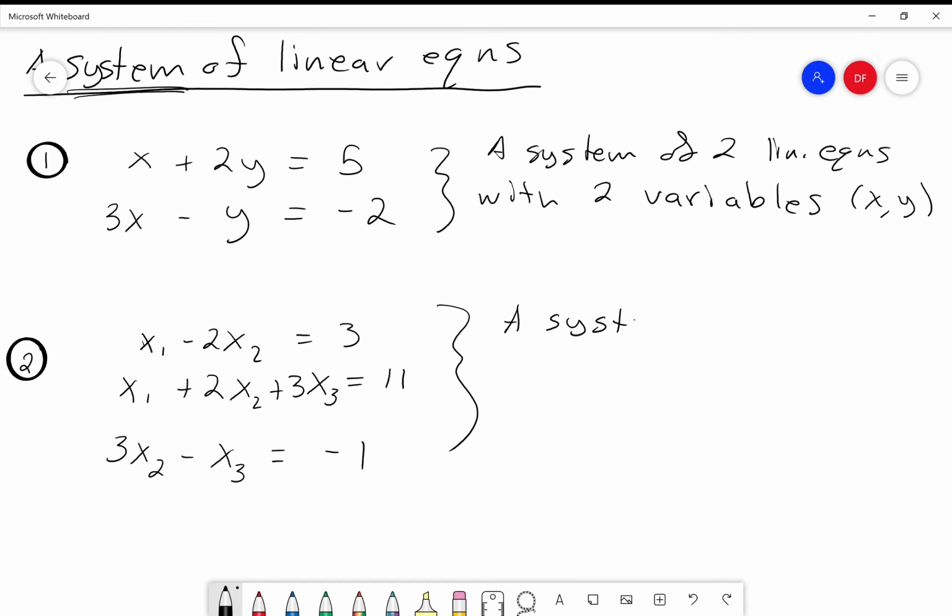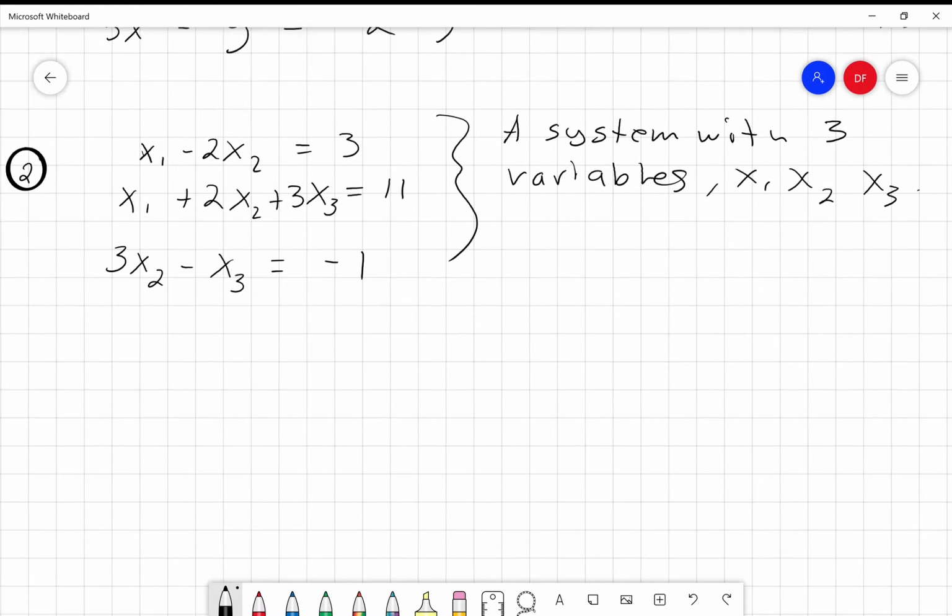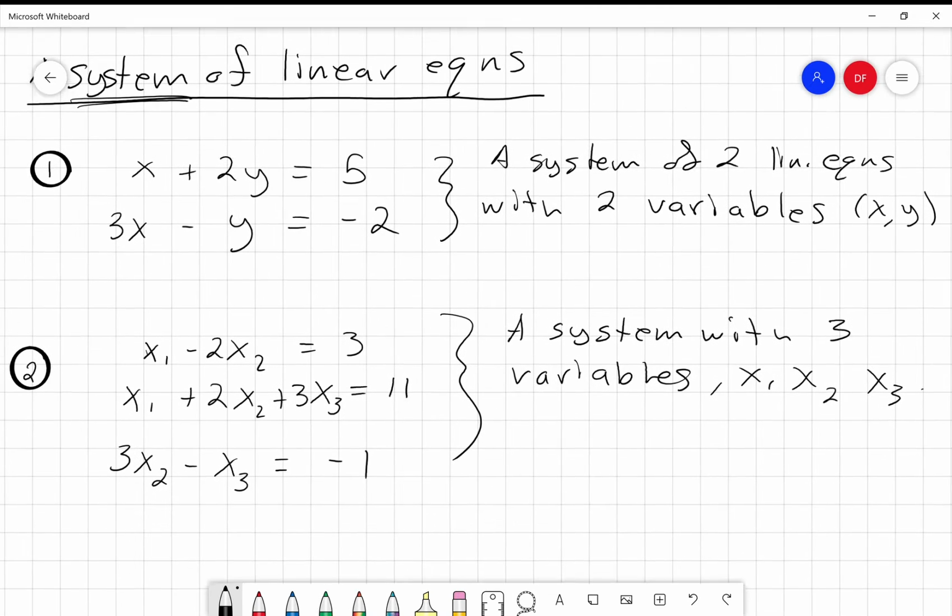A system with, we see 1, 2, 3 variables, x1, x2, and x3. Okay? So these are examples of systems of linear equations.